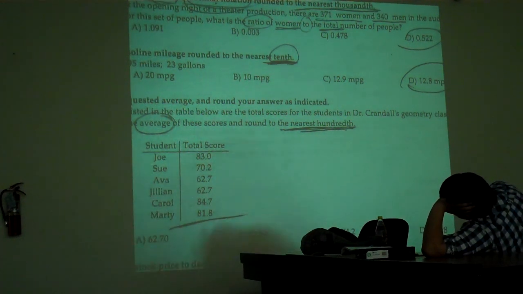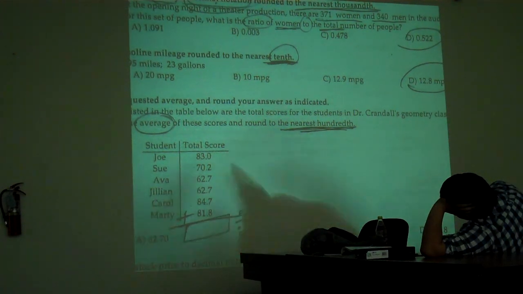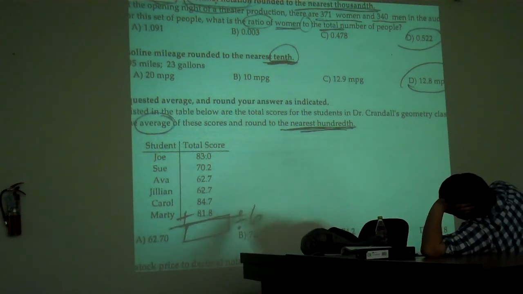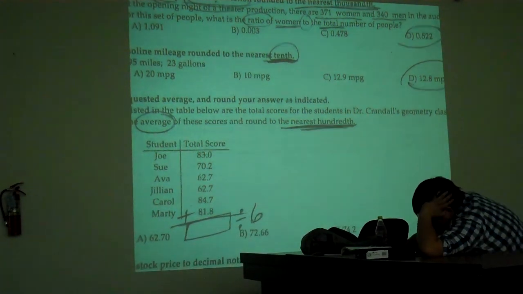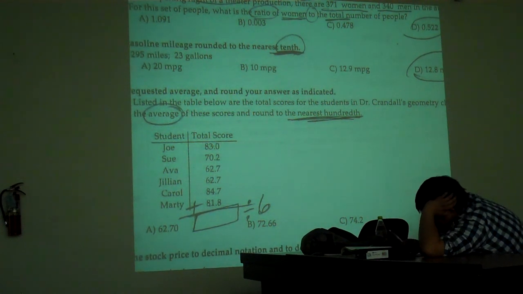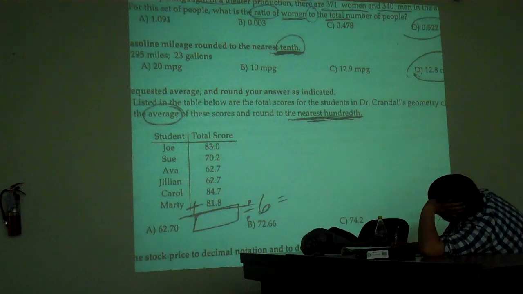Add them up and divide by 6, because 1, 2, 3, 4, 5, 6. There's 6 scores. So you're going to add those scores up and divide by 6. Somebody tell me what the answer for 74 is. On the back. D.